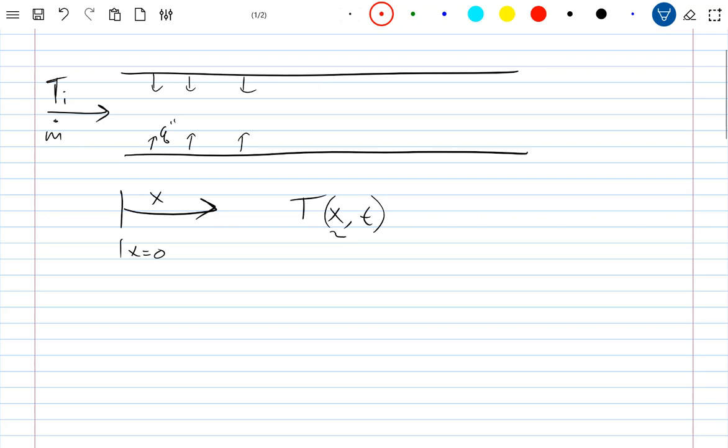We're going to just pick arbitrarily some section of this pipe, and we're going to do an energy balance on that section of pipe. Let's suppose that this section of pipe begins at x, and it goes up until x plus delta x. Let's also define a couple of other nodes here.